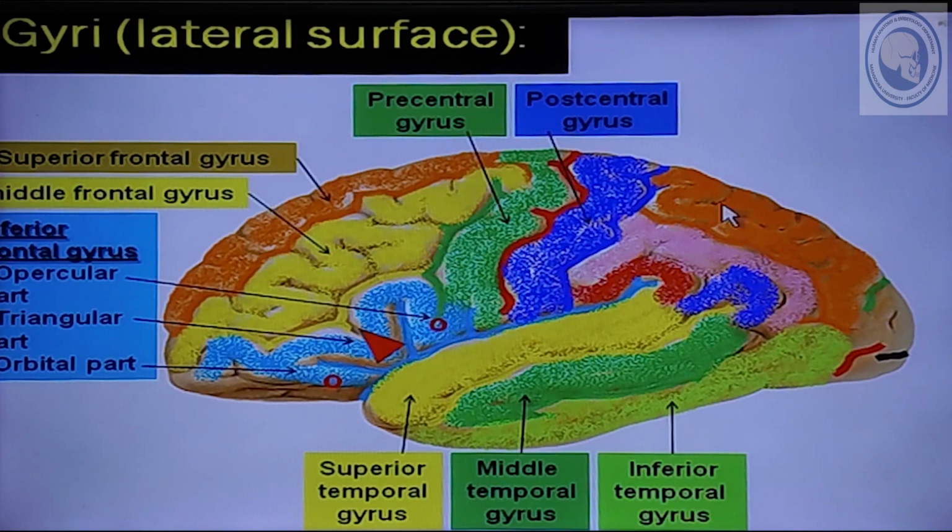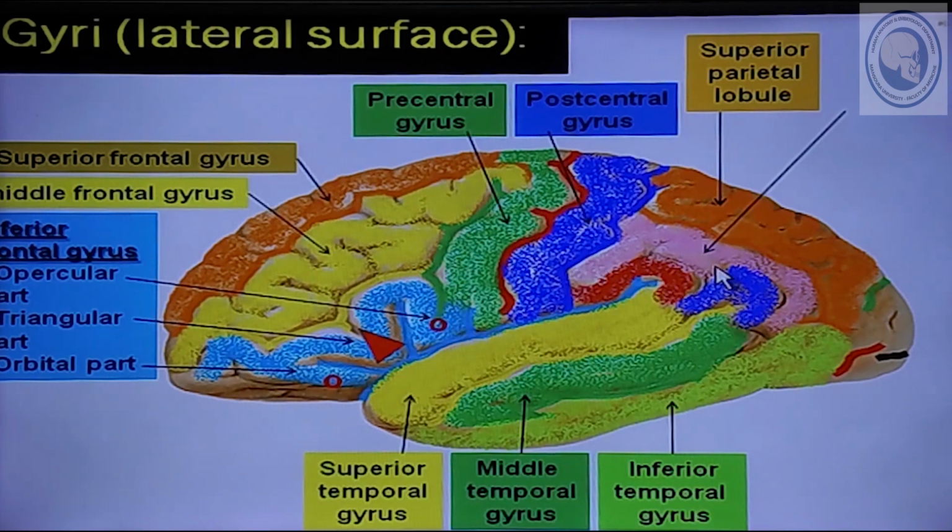What about the parietal lobe? It is divided by this curved sulcus, which is the intraparietal sulcus, into superior and inferior parietal lobule or gyri. We will find also that the inferior parietal lobule is divided into two gyri, like the inferior frontal gyrus divided into three regions or three gyri.